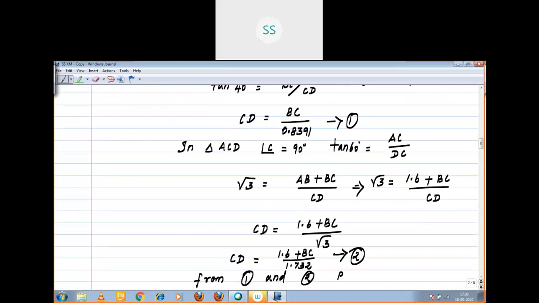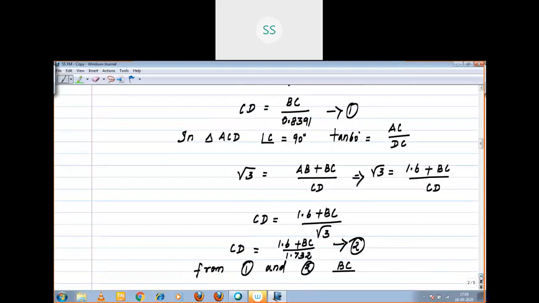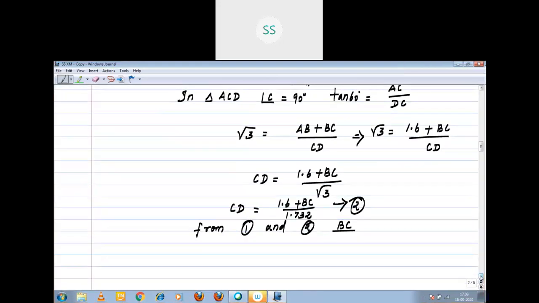From 1 and 2, BC divided by 0.8391 equals 1.6 plus BC divided by 1.732.